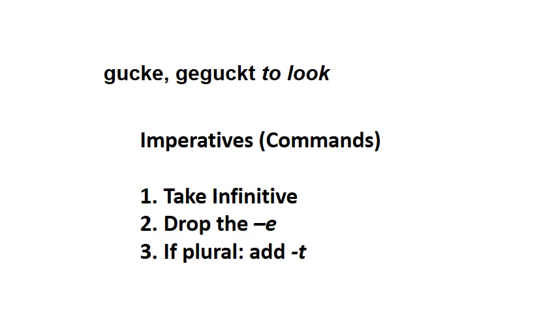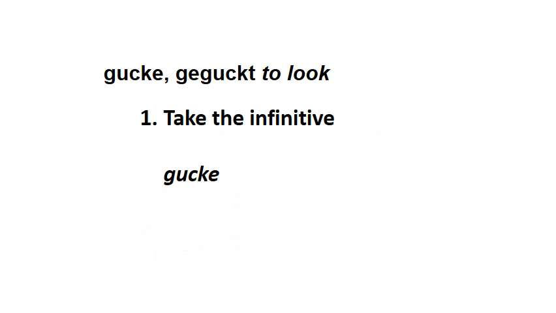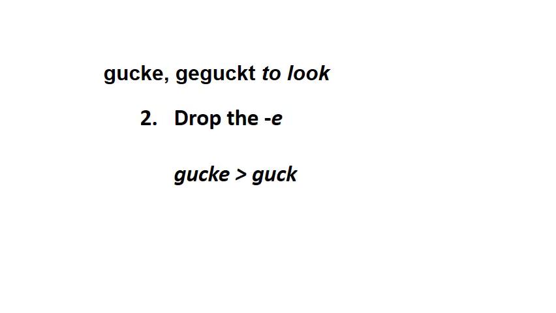Let's use them with the very common word gucke, geguckt, to look at something. You take the infinitive, the first form, gucke. Then you drop the final E, so it would be guck. Now you're already saying look.